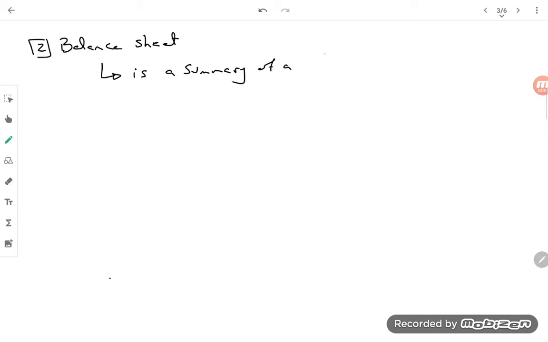Number two, balance sheet. Balance sheet is a summary of a firm's financial position at a given point in time.